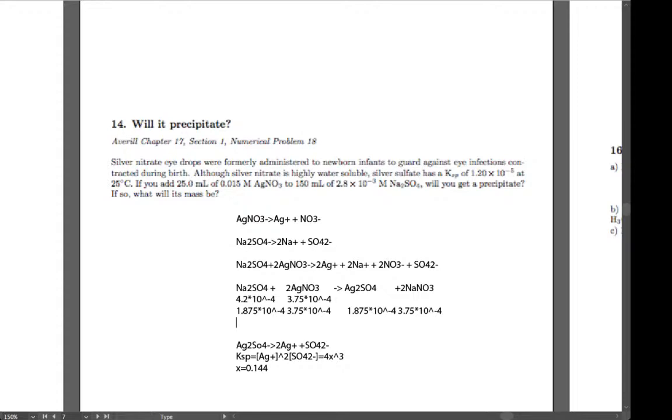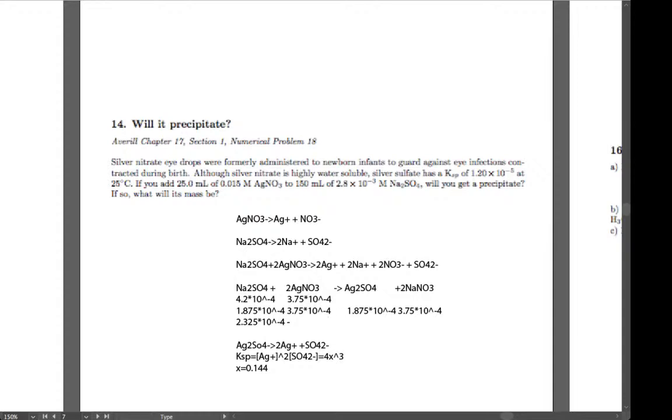So 4.2 subtract 1.875 would equal 2.325, times 10 to the power of negative 4. That would be 0. This one here would be the same as those.